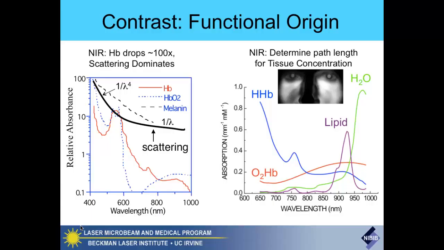Oxyhemoglobin, which has an isosbestic point, a point of equivalent molecular extinction, at about 800 nanometers. And lipid, which has a nice peak at around 920, and a little shoulder that actually tells us something about the saturation of the fatty acid. And water. So water has very nice absorption starting at around 960 up to about 980 or so.